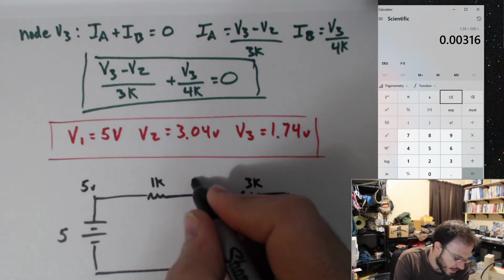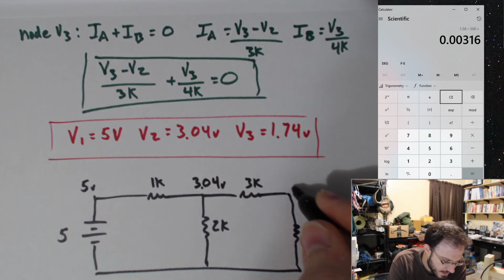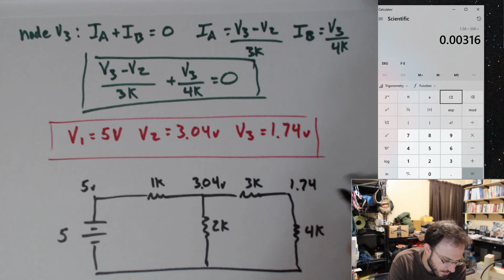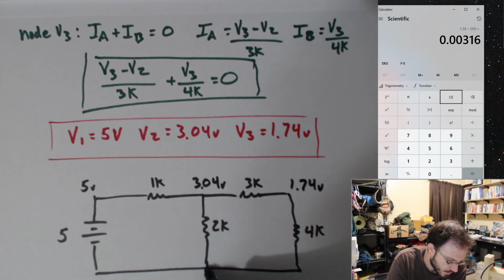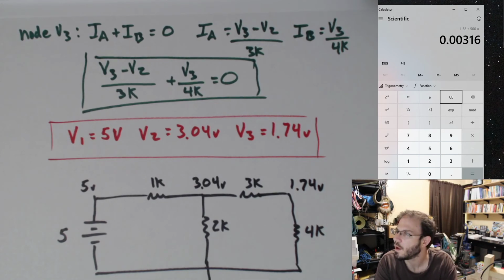I know that this is 3.04 volts, and I know that this is 1.74 volts. And everything was with respect to this point being ground or 0 volts. Cool. Okay.